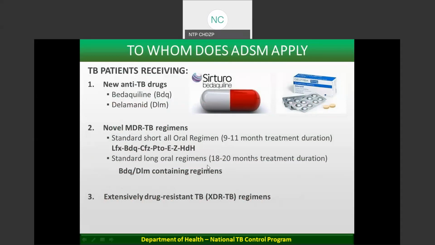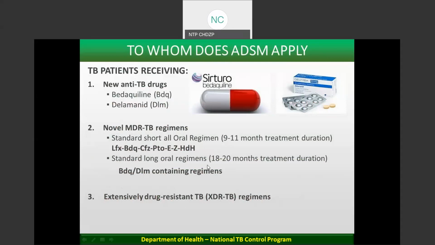These are the new anti-TB drugs. And then the novel MDR treatment regimen includes the SSOR, which stands for Standard Short All Oral Regimen. It is a 9 to 11 month treatment duration. And then the Standard Long Oral Regimen, it is usually 18 to 20 months treatment duration.